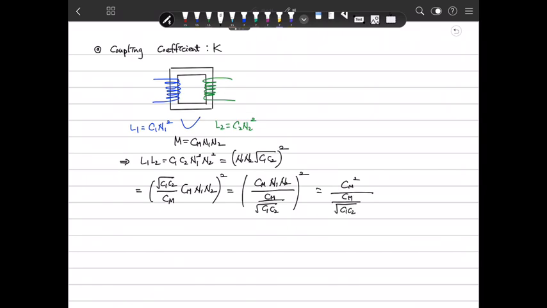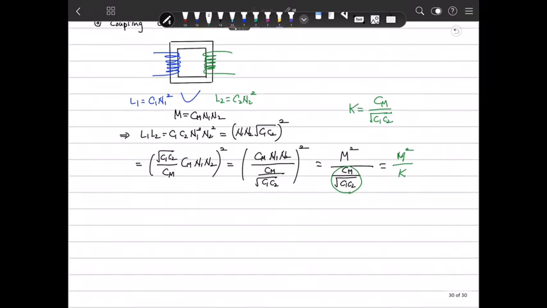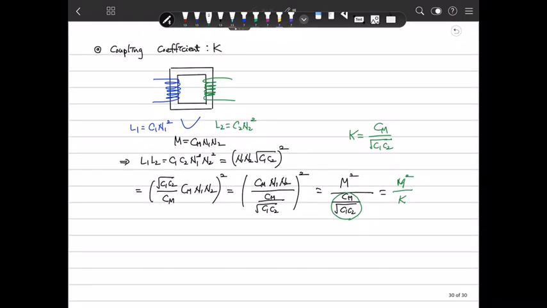I'm sorry, it's wrong. It's not Cm squared. This is M squared. So here we define this as K, with K equal to the ratio involving C1, C2, Cm. We define K as the coupling coefficient.